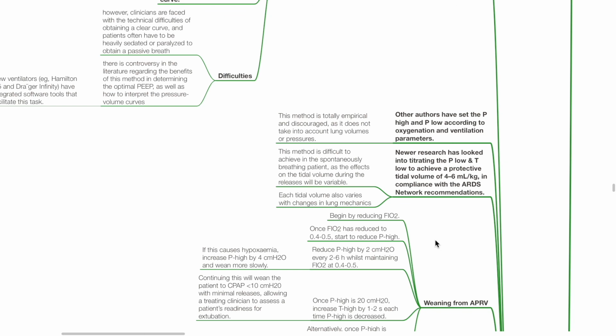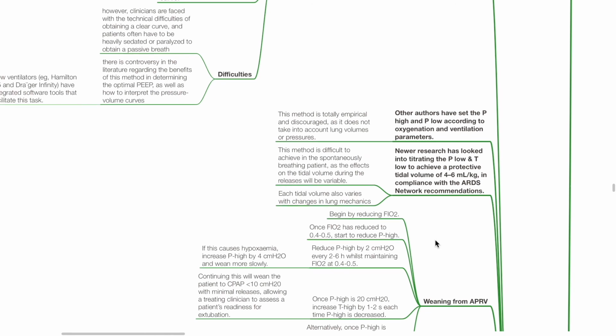Newer research has looked into titrating P low and T low to achieve a protective tidal volume of 4 to 6 mL per kg in compliance with ARDS network recommendations. However, this method is difficult to achieve in spontaneously breathing patients as effects on tidal volume during releases will be variable. Each tidal volume also varies with changes in lung mechanics.